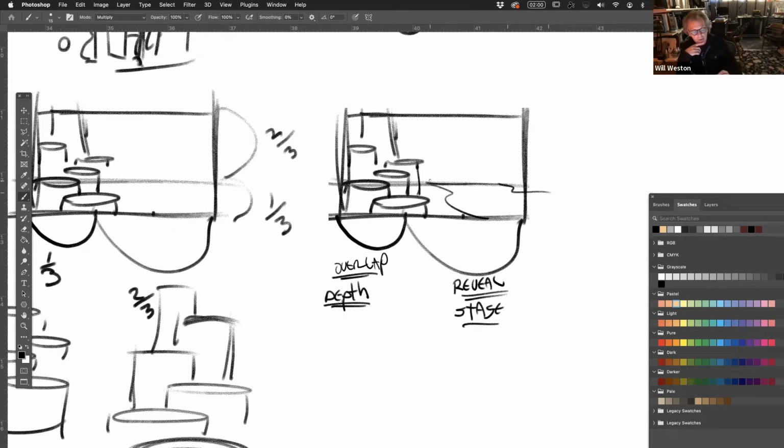And I need to have an area where my characters can walk around, because some of them will be here, some will be back here. I may have somebody walking into the scene or out of the scene. And the fact of the matter is human beings can't walk through an object, right? So they can't walk through the overlap because I've got a bunch of barrels there. So they need something over here.